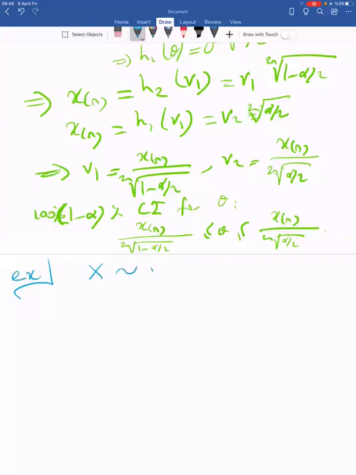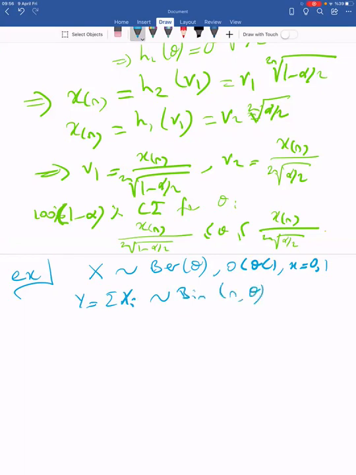So let's say we have a Bernoulli distributed random variable where theta is between 0, 1 and x only takes 0, 1, and we know that summation xi is the sufficient statistic and binomial distributed.